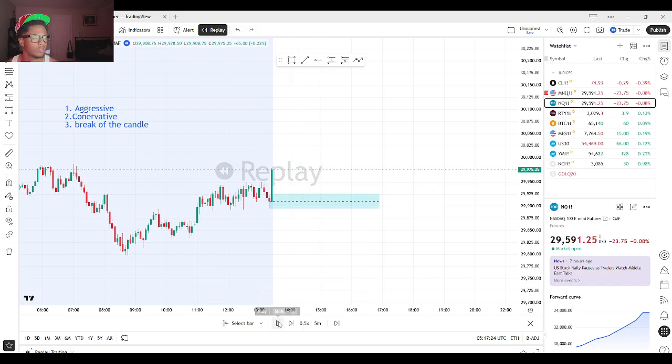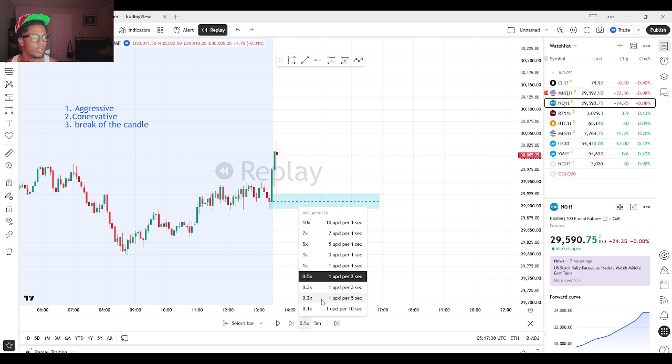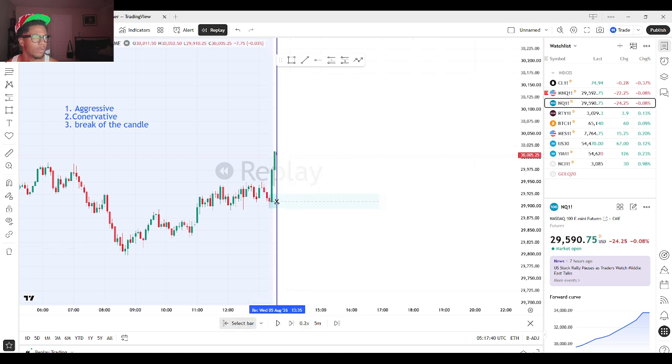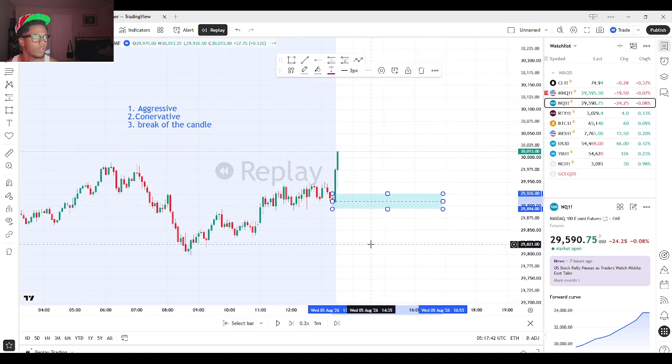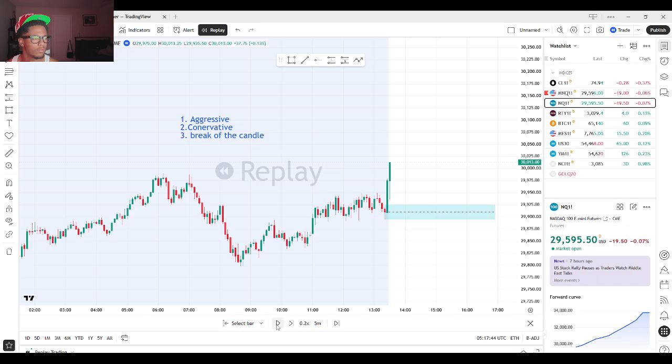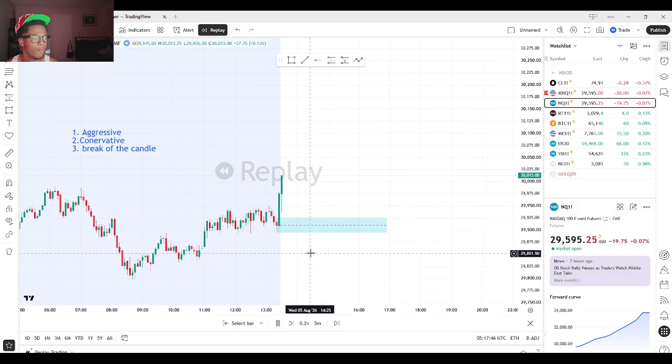If I slow this down some, we get this next bullish candle, and then this next candle, boom, which is this one. This would be our aggressive entry. If I slow it down even more and go play back, let's see if it shows the full candle happening in real time.